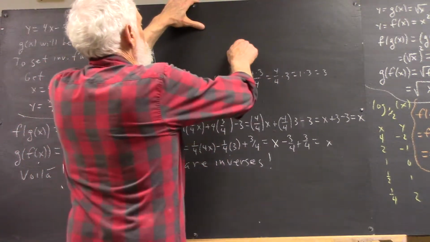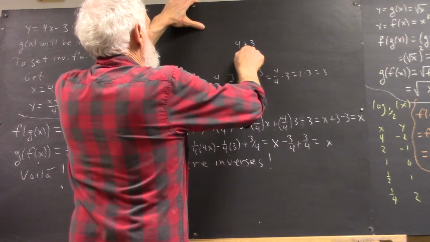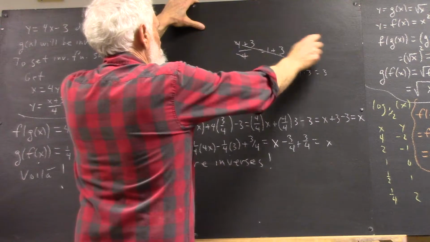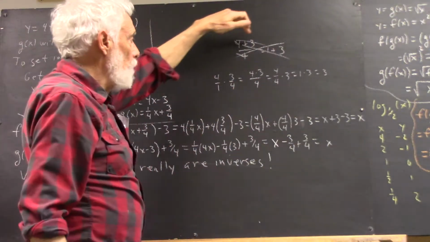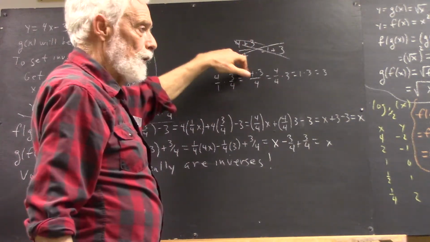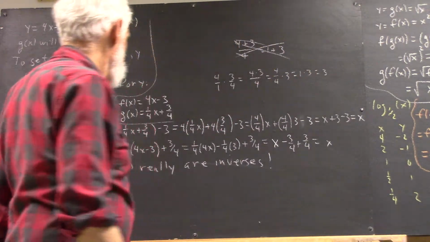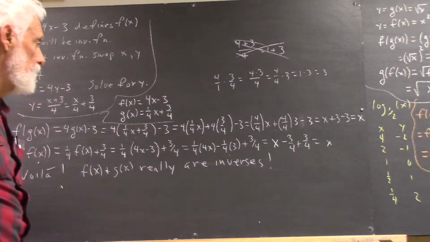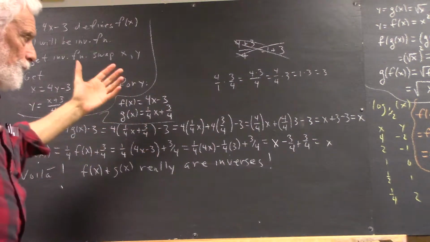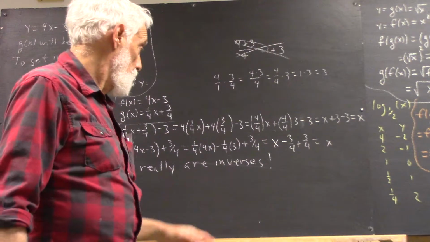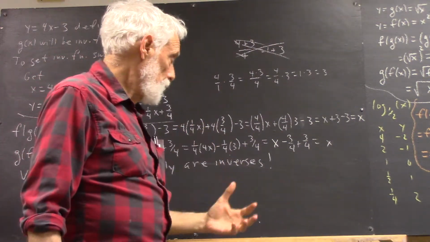And people will do 4 plus 3 over 4, and they'll cancel the 4s, and they'll get 1 plus 3. And that's absolutely 100% wrong. 4 plus 3 is 7. This is 7/4. But 1 plus 3 is 4. It doesn't work. Cancellation is what I consider to be an obsolete shortcut that leads to a bad result.